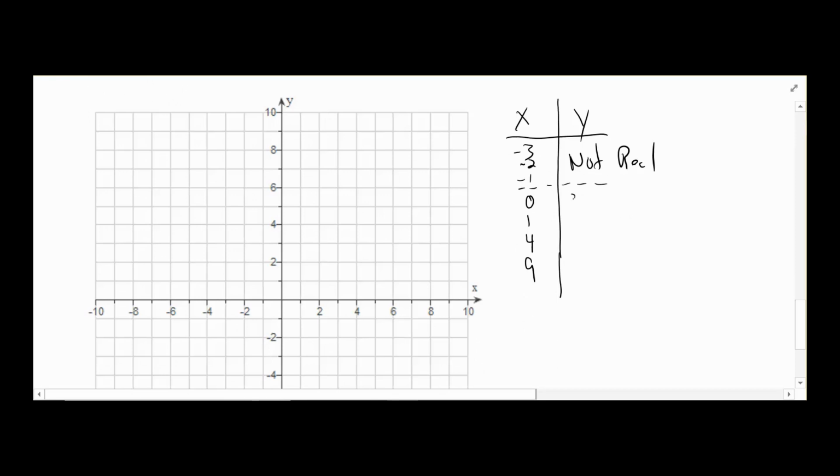But since we're taking the square root, we're undoing these, and that got us this shape that actually kind of looked like a sideways parabola, and that's not by accident, it actually is. This looks like a parabola that's on its side, but only the top half of it. And that's exactly what we would expect.